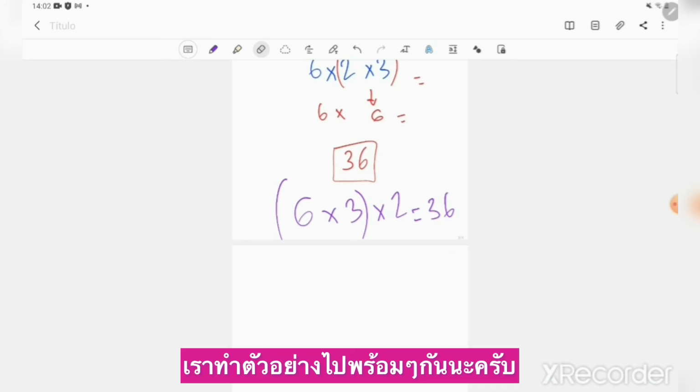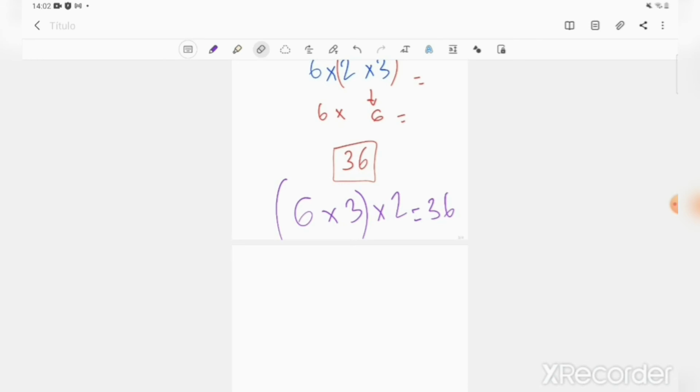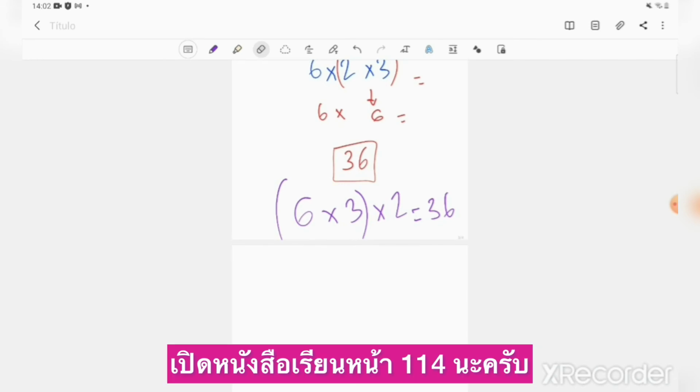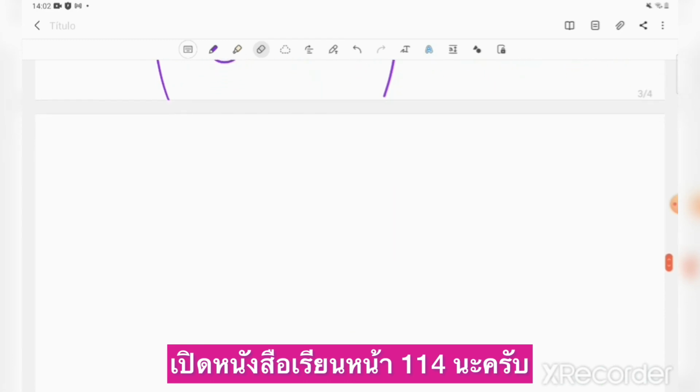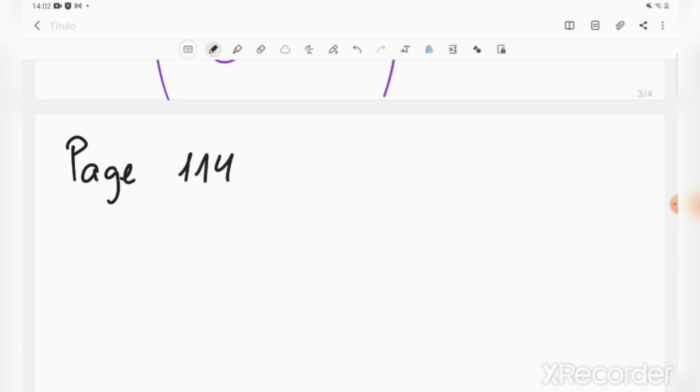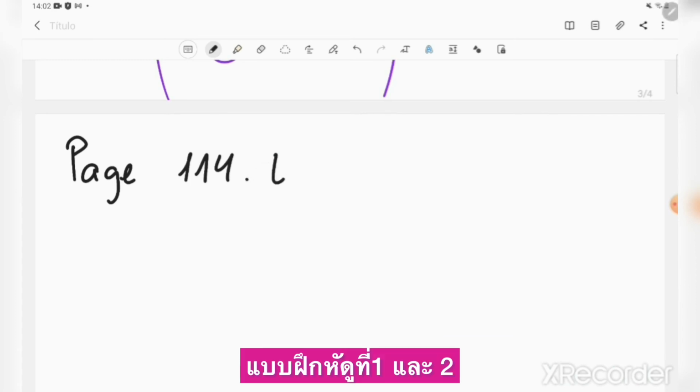Now let's make some examples together. You can open your book, page number 114, and we are going to solve together exercise number 2, the big one.